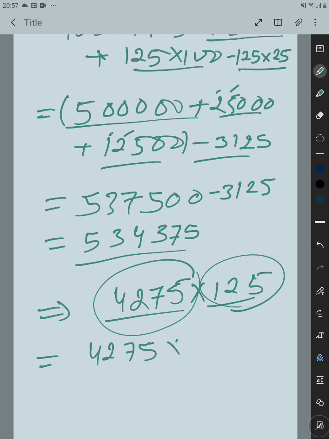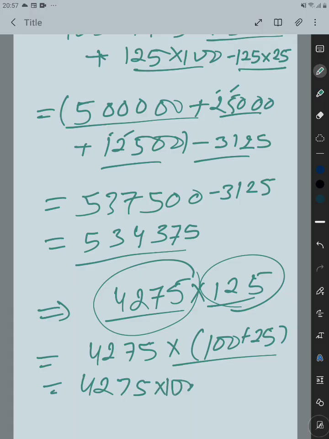4275 multiplied by, we'll write 100 plus 25. We can write like this: 4275 multiplied by 100 first, and then plus 4275 multiplied by 25.